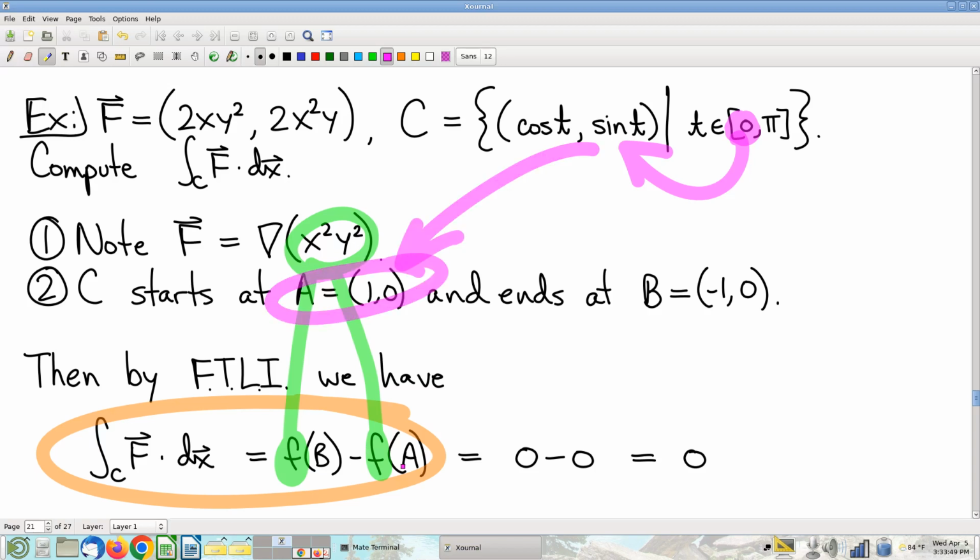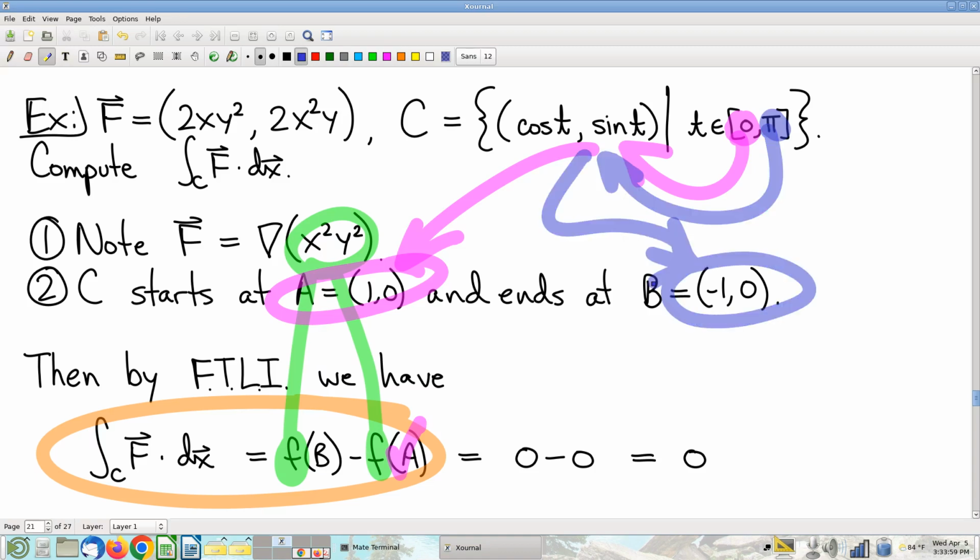That's my A. Then I'm going to take the ending value of t and plug that into the parameterization, and that gives me my ending point B. Then you plug into the anti-gradient function, compute, and out comes your answer. This integral is 0. Everybody good?